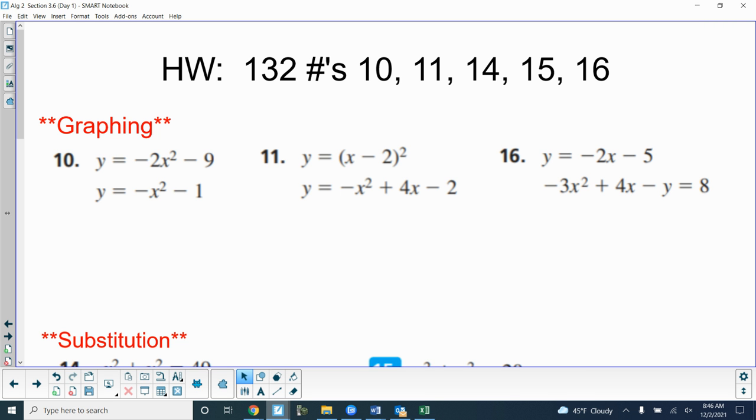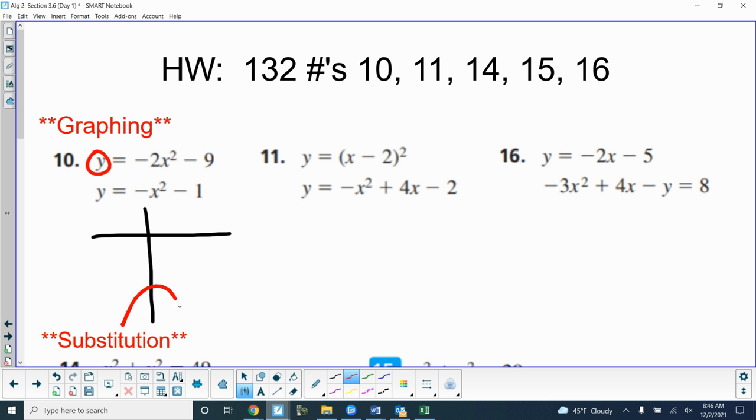When I graph this one, and again, 10 and 11 and 16 were night before stuff, just putting it in your calculator. All right, so when I sketch this graph real quick, here's what it looks like. One of them, the -9 one, we'll make this the red one. Look like this.